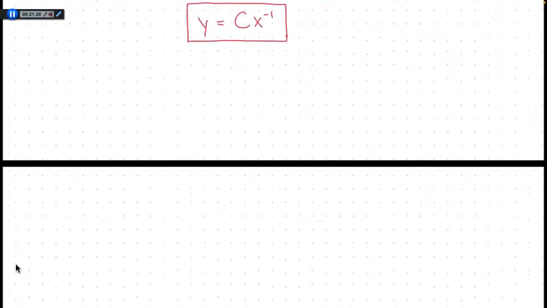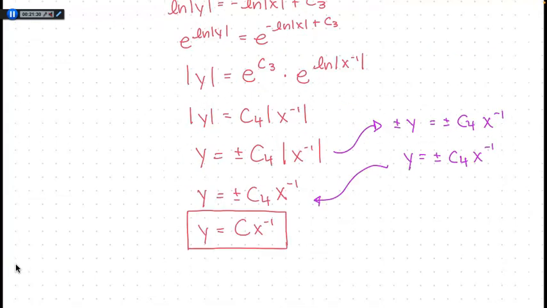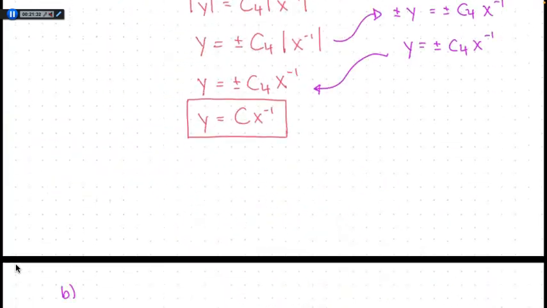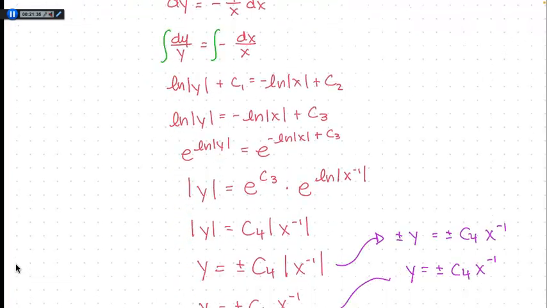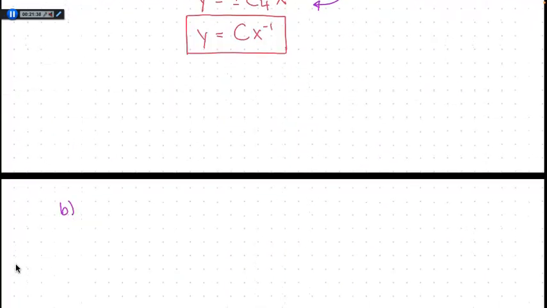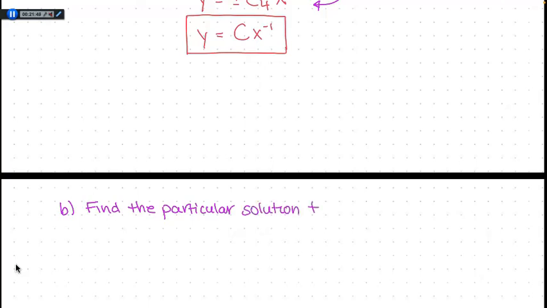Okay, so part B to this problem. Oh well, this will be A. Find the particular solution to y equals c x to the negative 1.